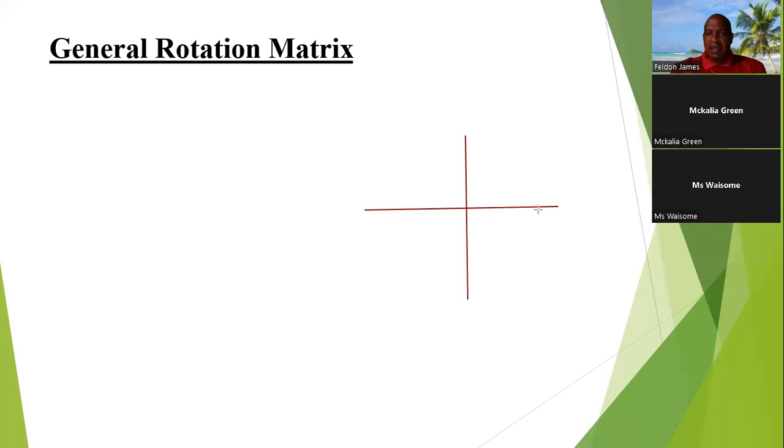Now the line y equal x will be the line that is straight through the origin at 45 degrees to the horizontal and vertical axis. So this would be the line y equal x.